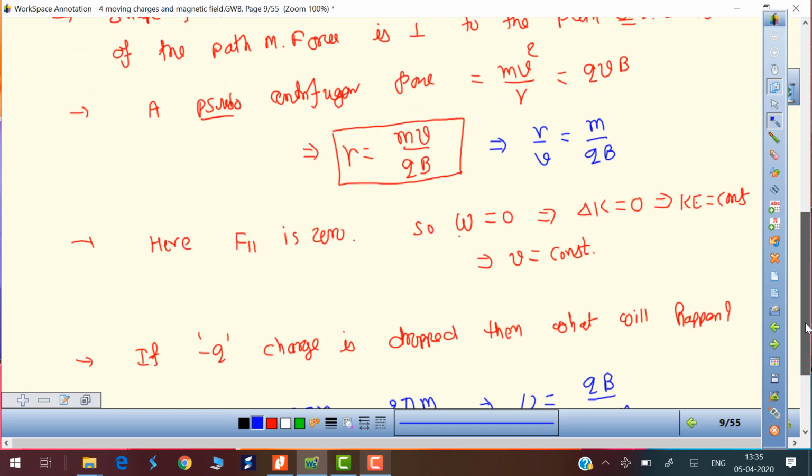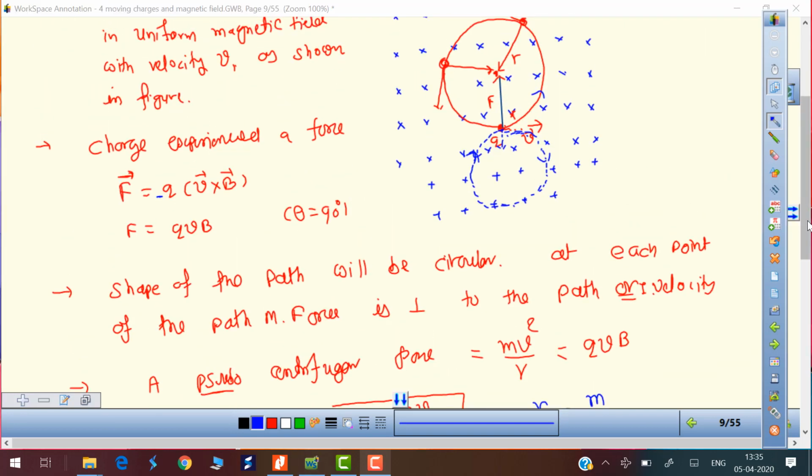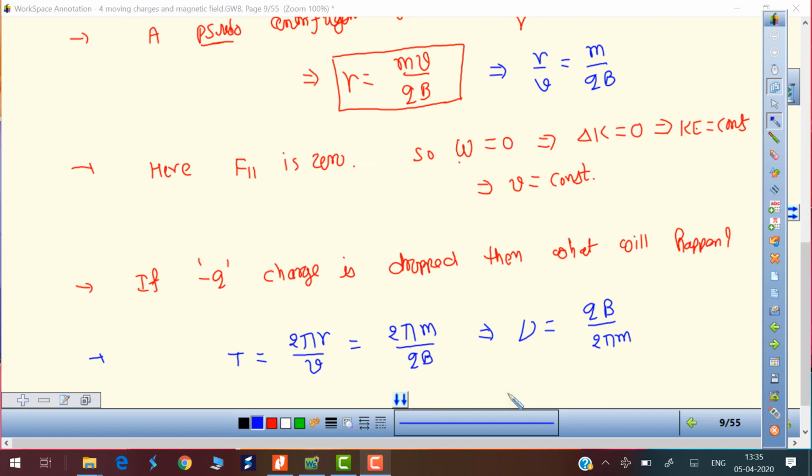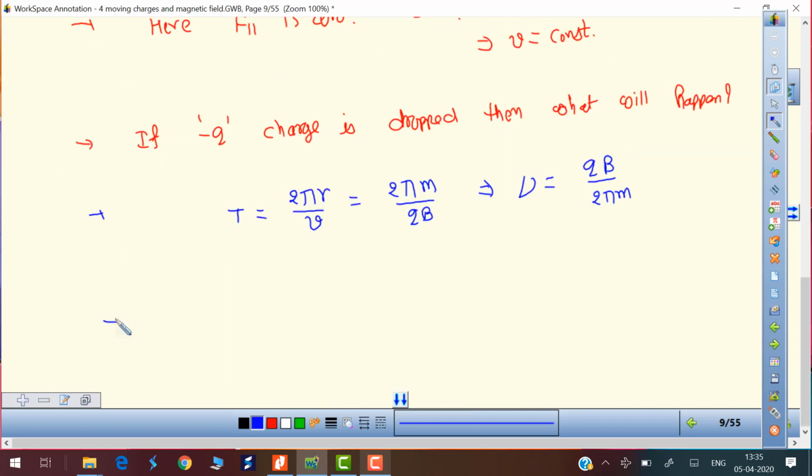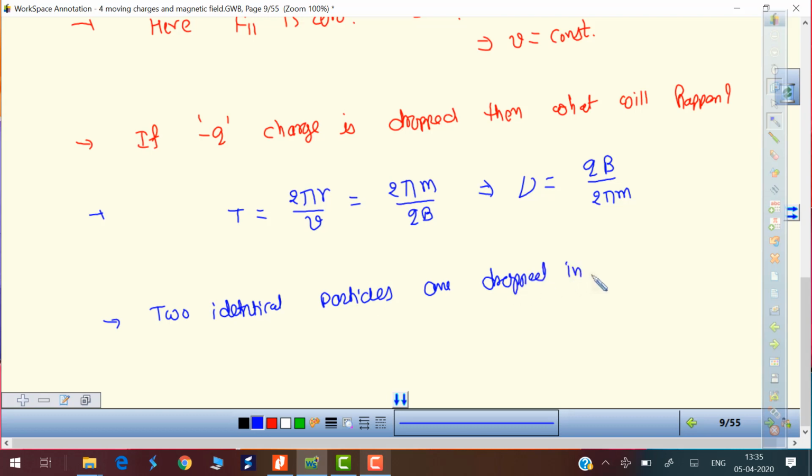What is the meaning of that? I put two charged particles, two identical particles are dropped in a uniform magnetic field with different velocity.